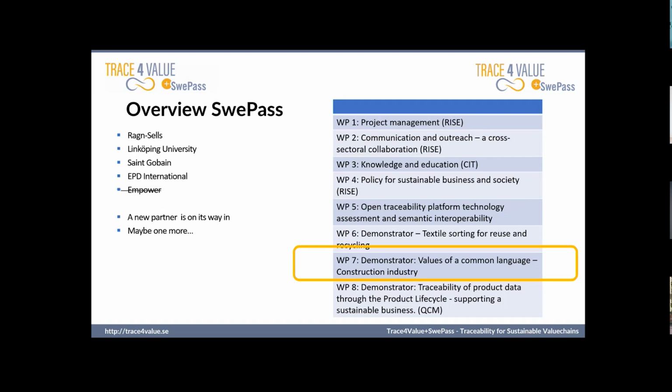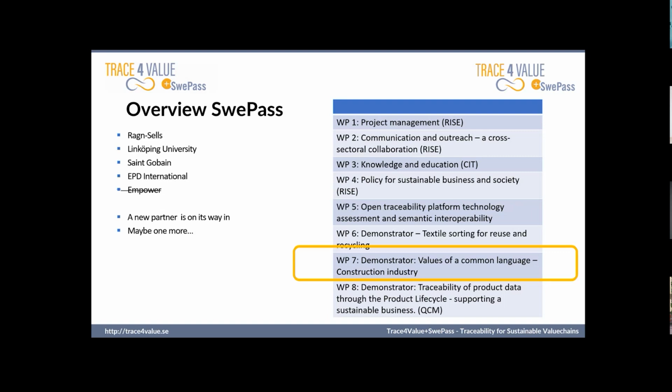Just before the summer holidays, we got the sad news that they can't be a part of the project anymore. So we are right now in the process of looking at a new partner, but we think we have found one due to good connections in our work package.